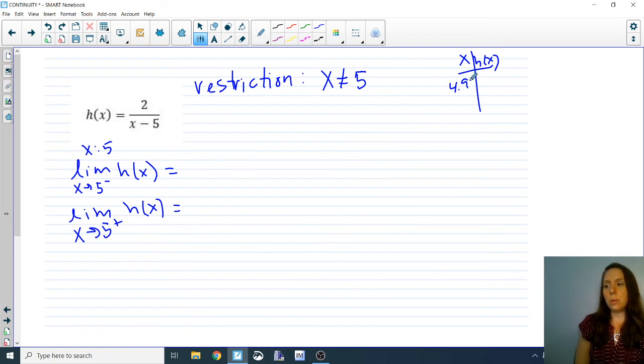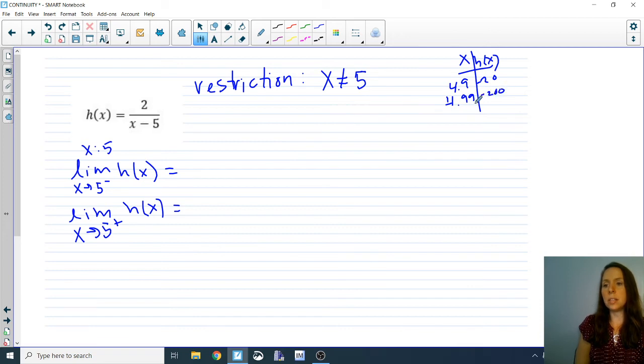Negative 0.1, and 2 divided by negative 0.1 is negative 20. Let's get a little bit closer to x equals 5, but still stay less than it. So let's do 4.99. 4.99 minus 5 is negative 0.01, and 2 divided by negative 0.01 is negative 200.